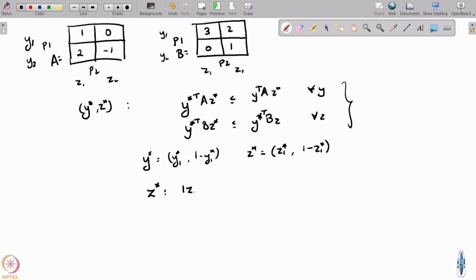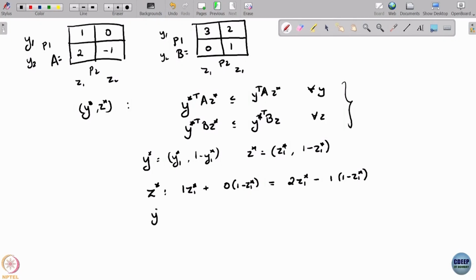That means 1 times z1 star plus 0 times (1 minus z1 star) should be equal to the payoff from his second pure strategy, which is (2 z1 star minus 1) times (1 minus z1 star).